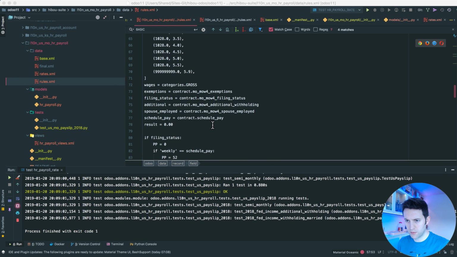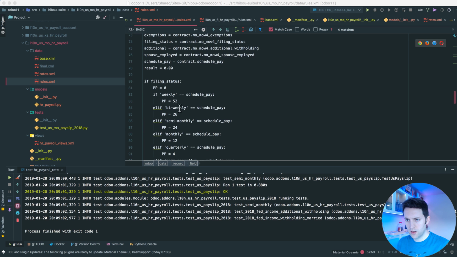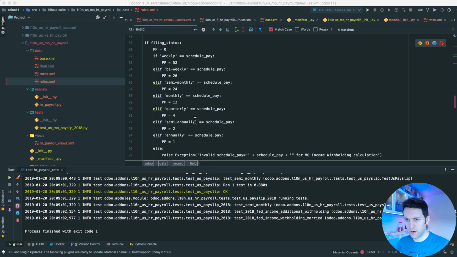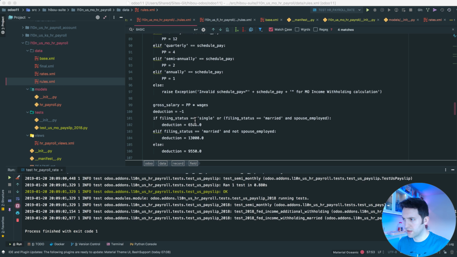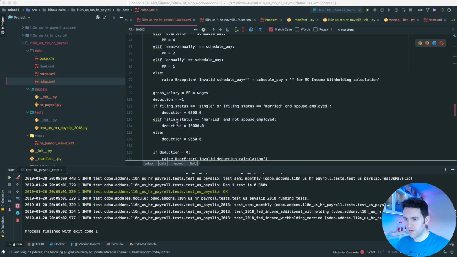Okay, so all of these will stay exactly the same way. The filing status to get how many pay periods are in the year effectively are going to be the same. So now we've got our PP times our wages to get our gross salary for the year. And then we will deduct: if filing status single or filing status married and spouse employed, then we have 1,000 that.